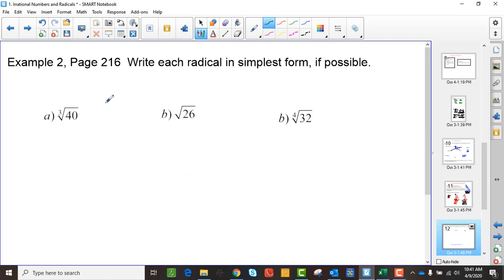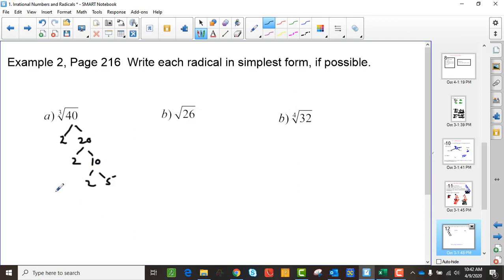So here's another few examples. It says write the radical in simplest form. So I say, okay. And I start by prime factoring 40. So 40 is 2 times 20. And then 20 is 2 times 10. And 10 is 2 times 5.